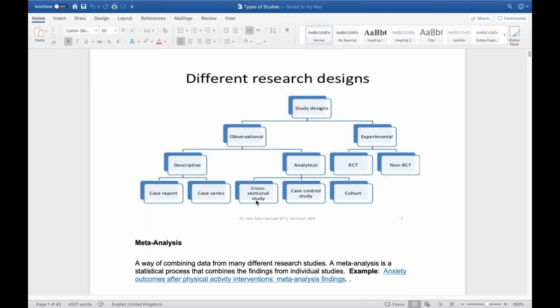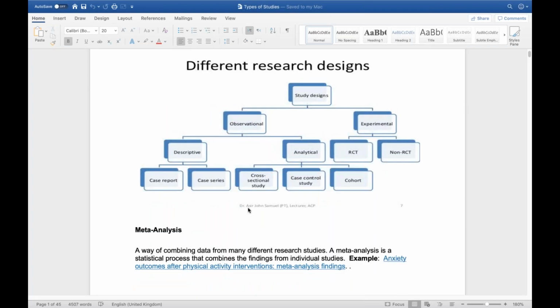Okay, we'll move to the next type of study, which is the cross-sectional study. Does anybody know what a cross-sectional study is? Yes, this is a study for prevalence. Yes, exactly. That's a keyword actually. The word prevalence is a keyword for cross-sectional study. So basically I decide to go to a certain population at a point of time and study something or a pathology in this population.